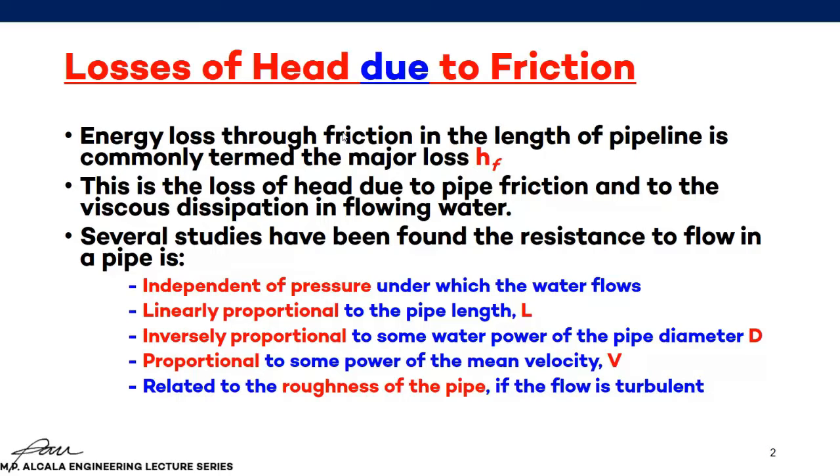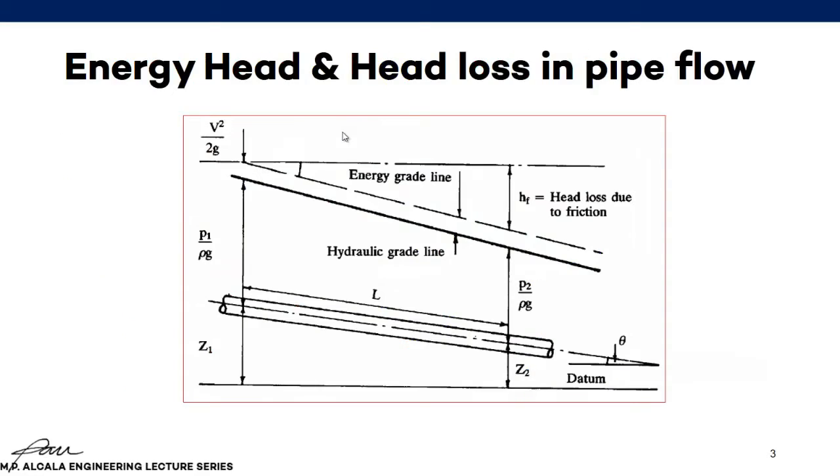So class, all of these terms, the pressure, the length, the diameter, the velocity, the roughness, are all dependent on your energy equation, right? From your Bernoulli, these are your variables. So it is just valid to conclude that friction is connected with these variables or these functions.